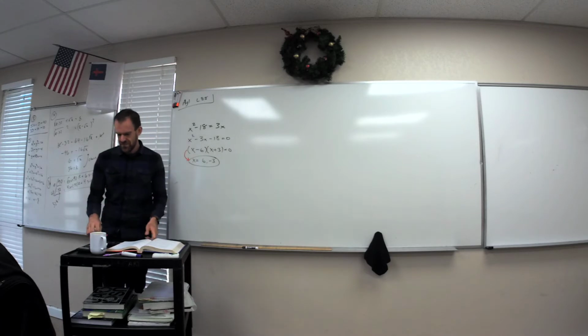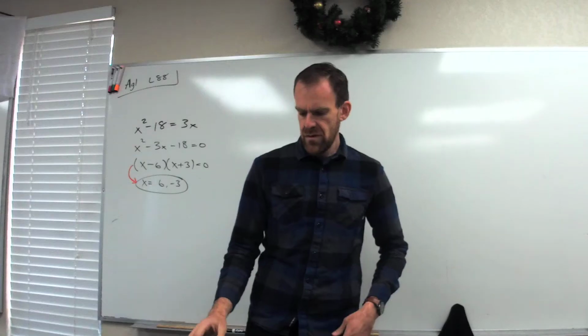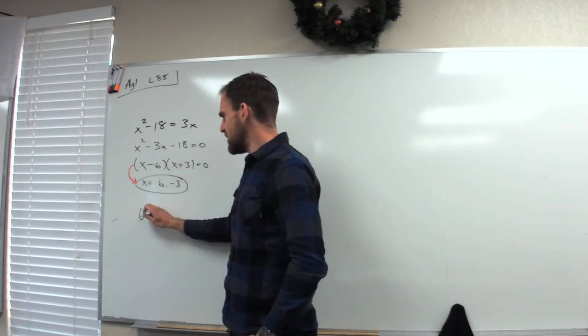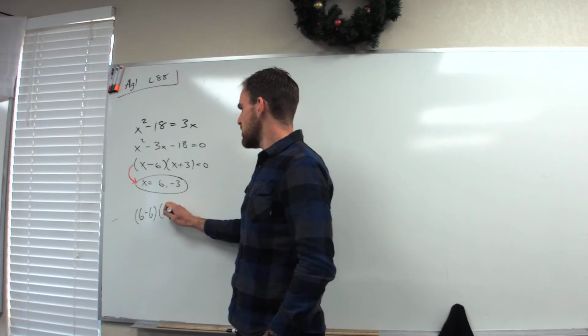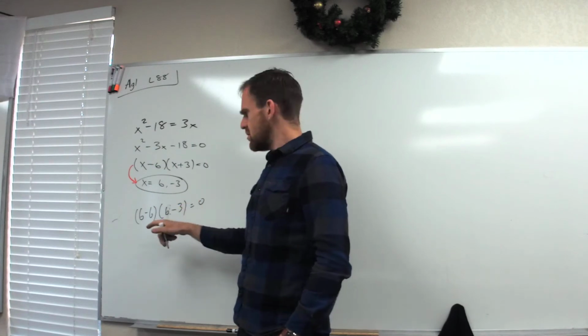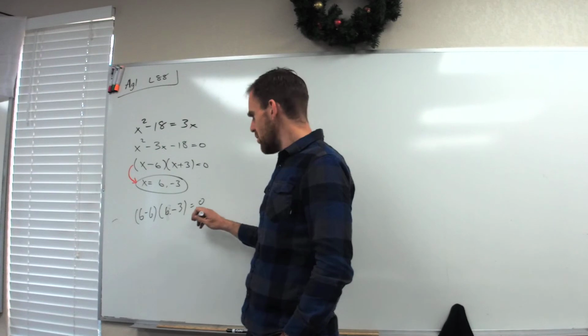Well, watch this. Anything times 0 is what? So, if I plug in 6 here, 6 minus 6 is 0 times 6 minus 3 is some number. Does that equal 0? No. 0 times 3 is 0. That works.